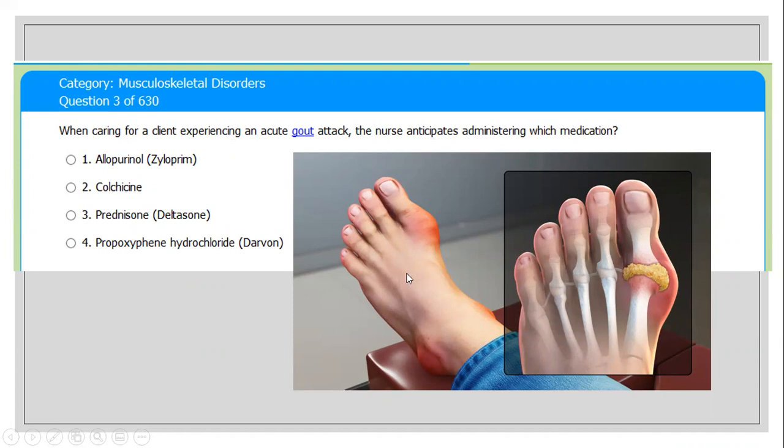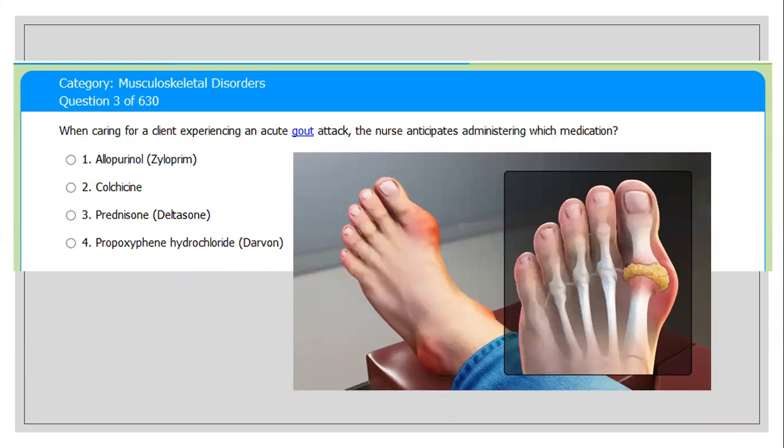So in the picture, you can see this is the big toe, and this toe joint is swollen, reddened, and inflamed, and the patient also complains of pain. And this is actually gout. We call it acute gouty arthritis.